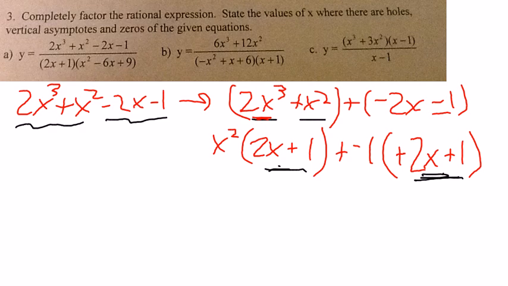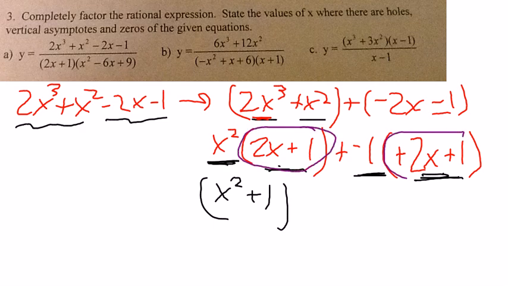So cool, we got it. All right, now let's rewrite this as x squared plus 1. I'm taking that term and that term. Basically what I'm doing is factoring 2x plus 1 out of each of these terms, which seems weird, but it's awesome.